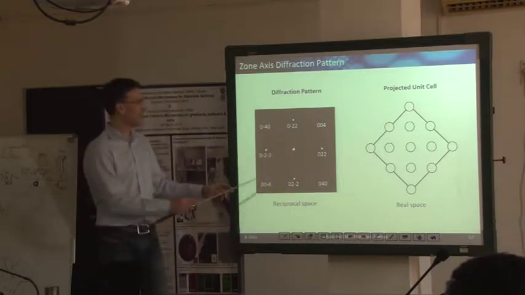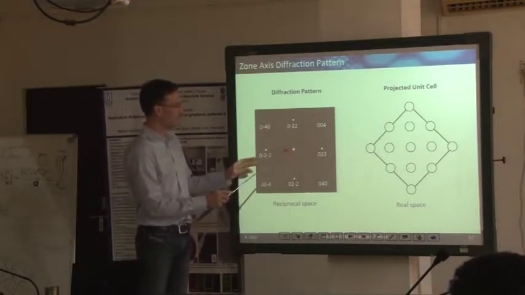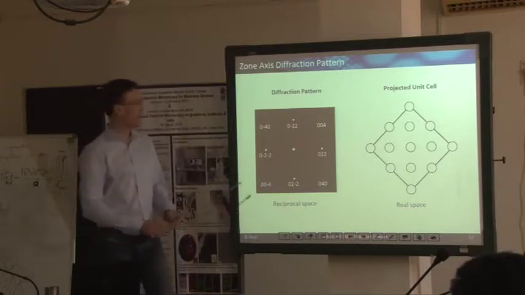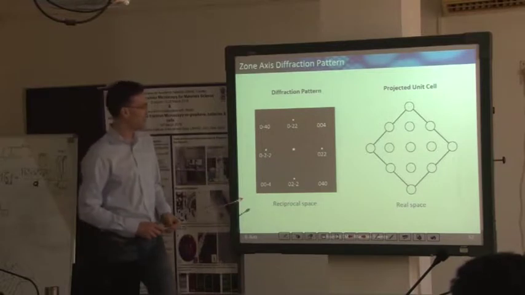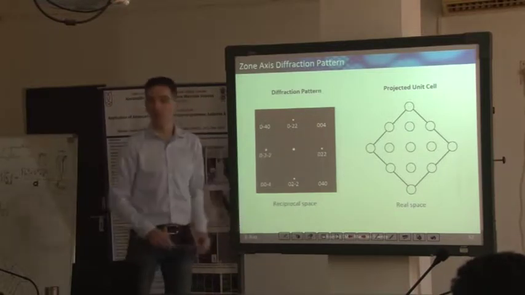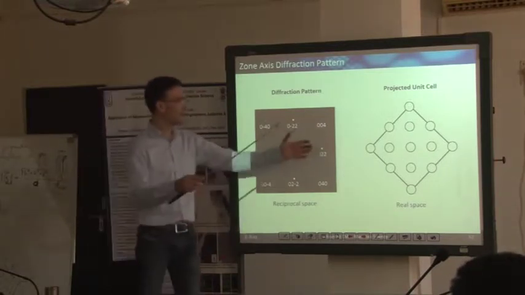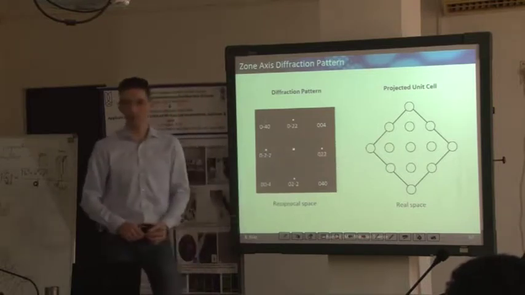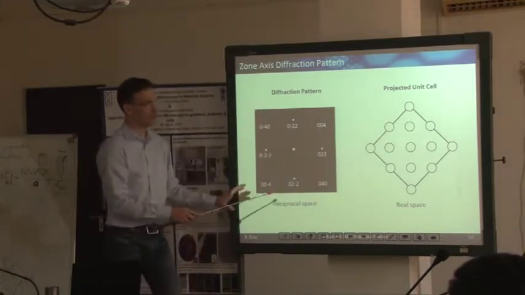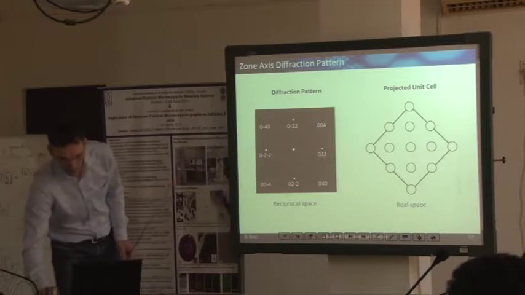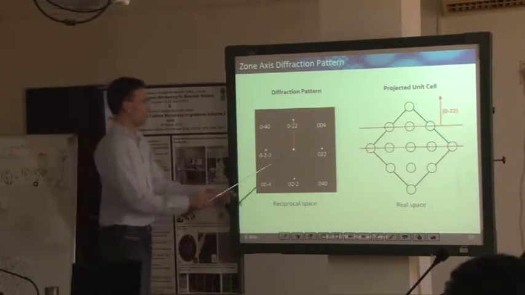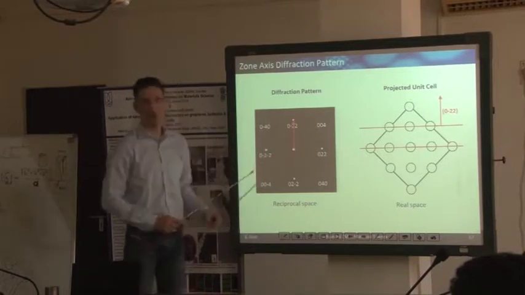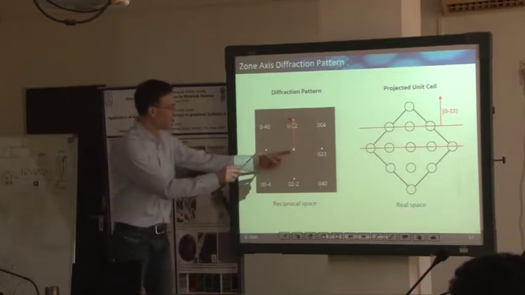In this particular case, we know these directions. We know the lattice planes which correspond to these reflections, and now we can directly show the real space crystal, how the electron will propagate through this crystal to generate this reflection. And this is the relative orientation for these 220 type reflections which we observe.